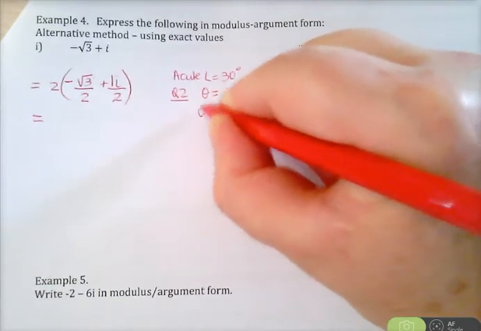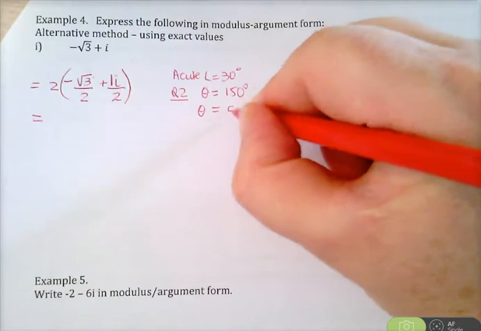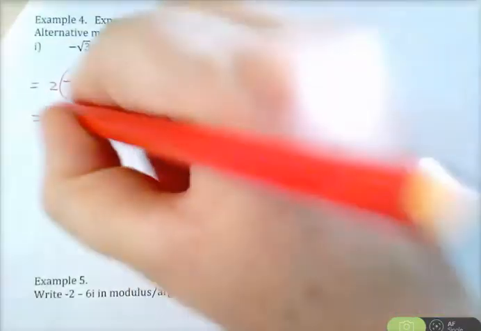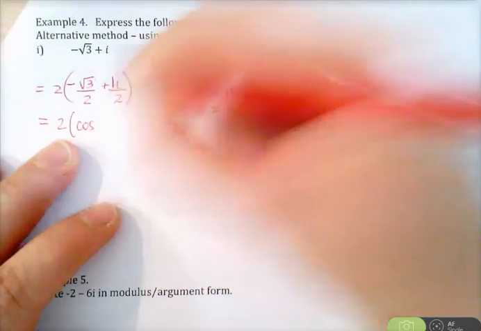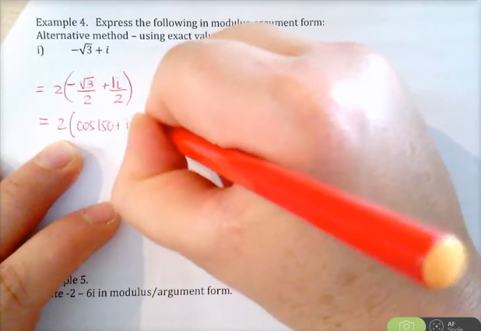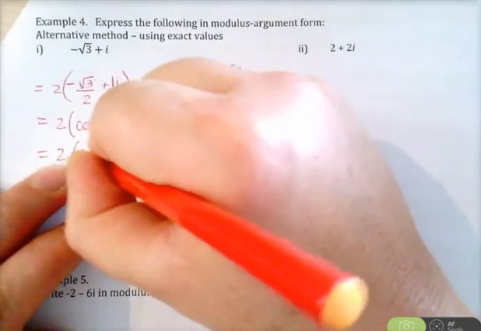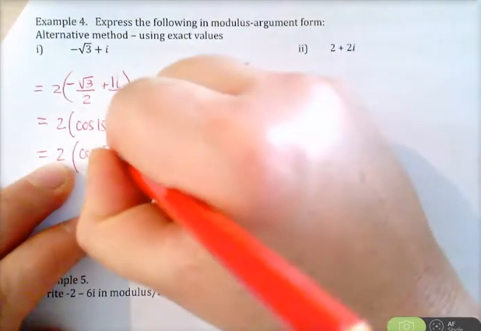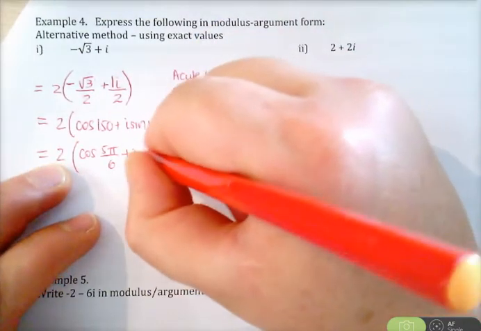And 150 degrees in terms of pi, that's 5 lots of 30, which is 5 pi on 6. So therefore this can be written as 2 times cos of 150 degrees plus I sine 150 degrees. And if we want to write that in radians, it's 2 times cos of 5 pi on 6 plus I sine 5 pi on 6.